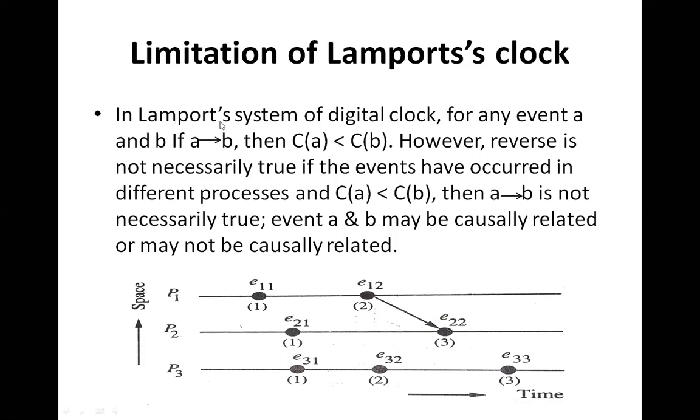The limitation regarding Lamport's clock is that if A is happening before B, then automatically the timestamp of A is less than the timestamp of B. However, the reverse is not necessarily true. If the timestamp of event A is less than the timestamp of event B, and there is no signal indicating that A is causing B, then it will be very difficult to find out whether A and B are causally related or not.